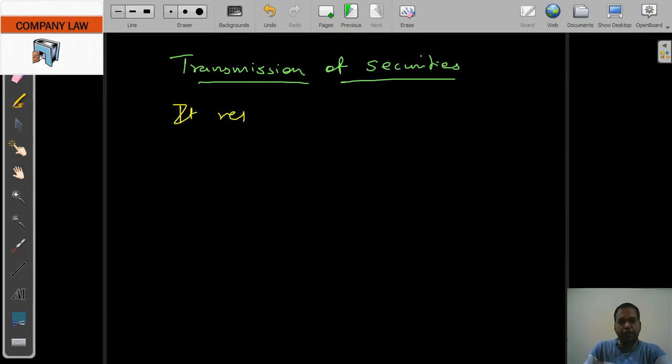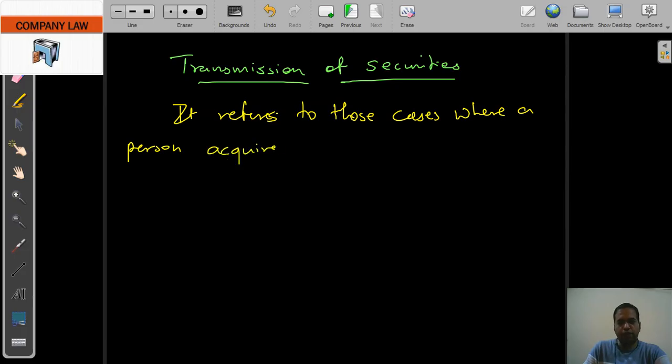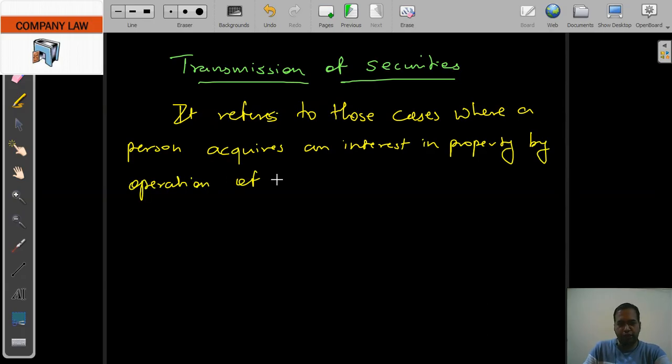So basically it refers to those cases where a person acquires an interest in property by operation of law.